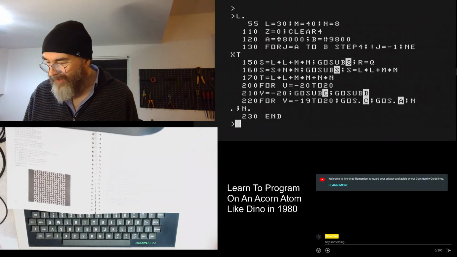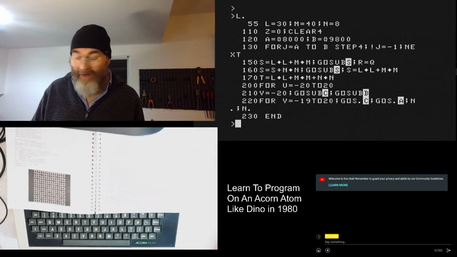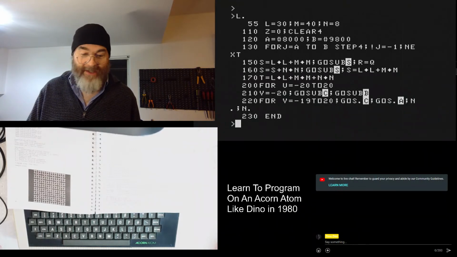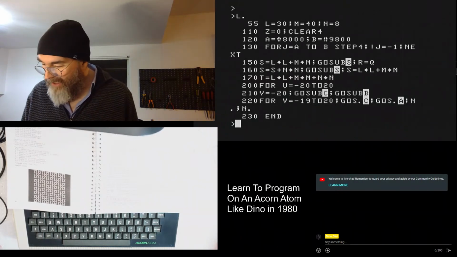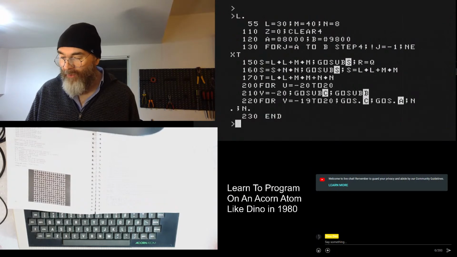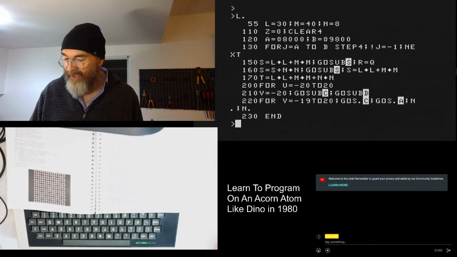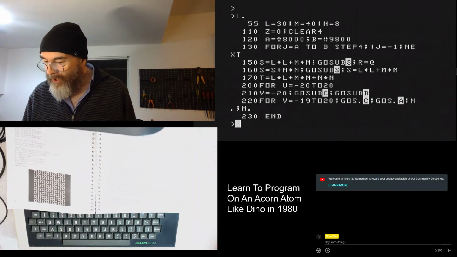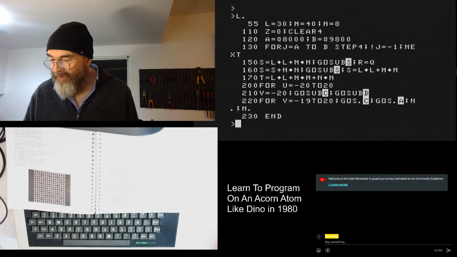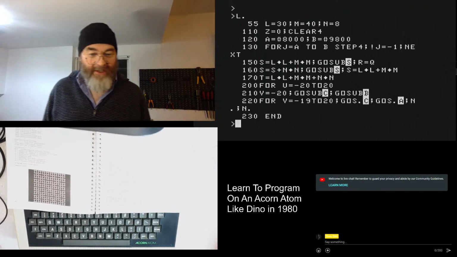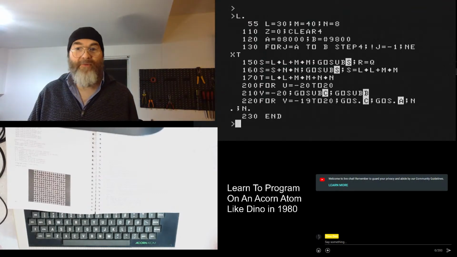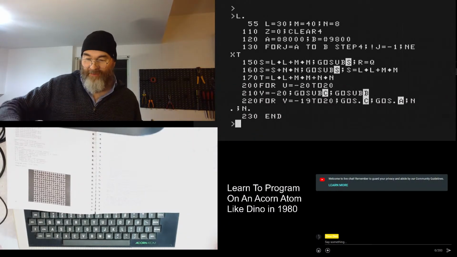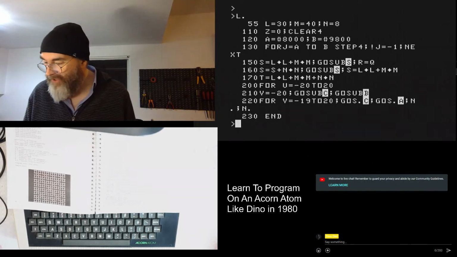A bit weird, but T equals L. Alright, so then it's T equals the square length of the three-dimensional vector L, M, N, and then for U equals minus 20 to 20. So I think this is where it begins doing the plotting. In fact, there are two for loops nested, because it's going to do a three-dimensional plot, so it's going to go through the X and Z or whatever, then plot the vertical up.